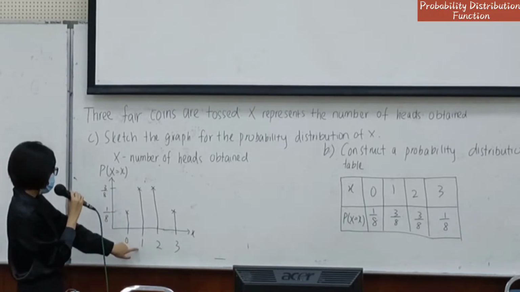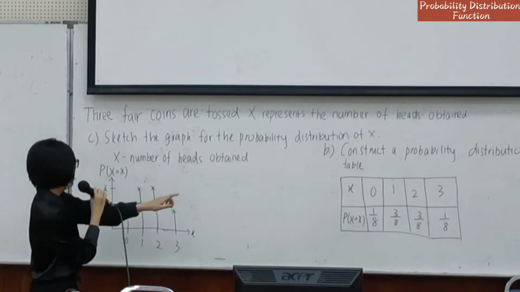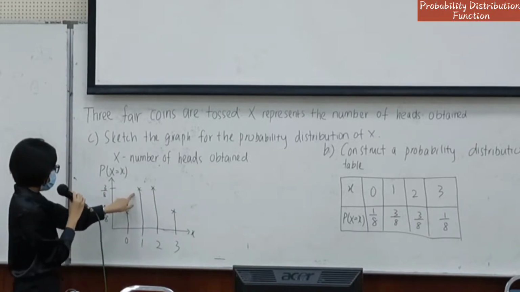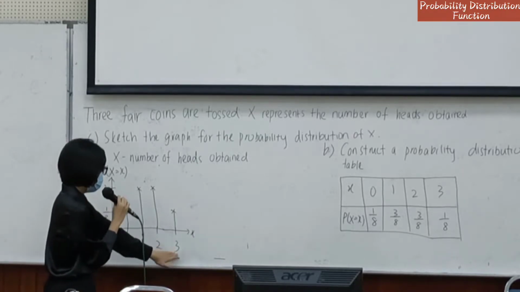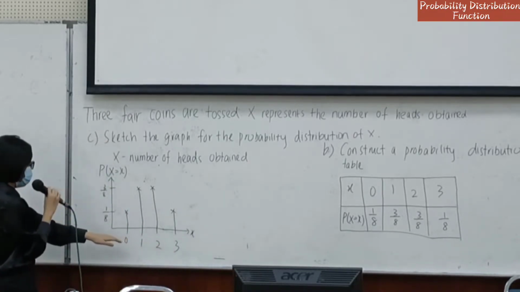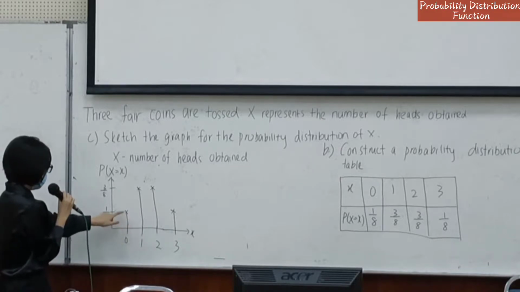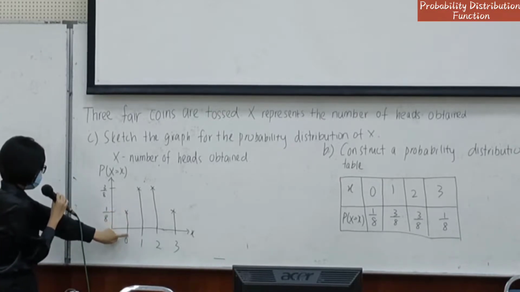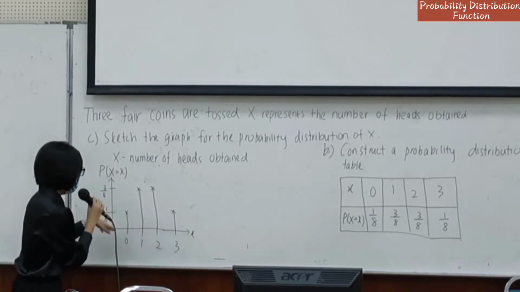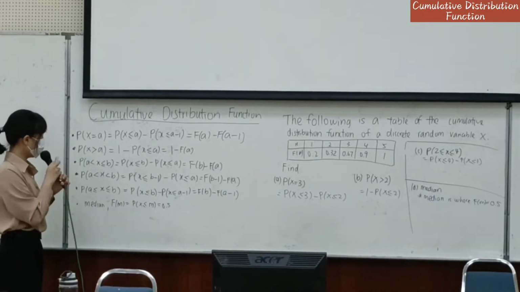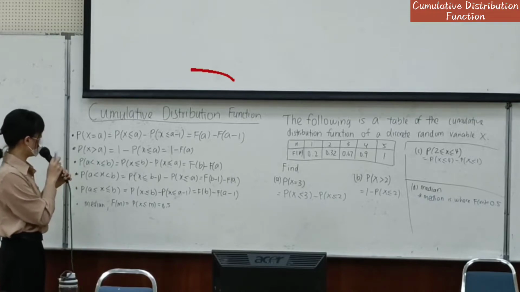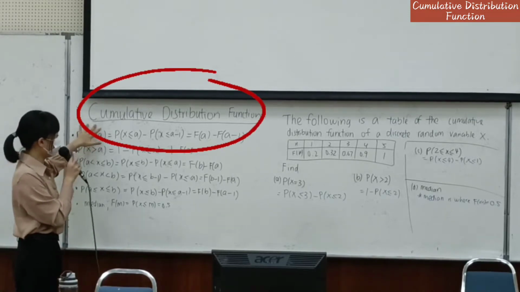For x=1, we have the probability of 3/8. We do the same steps for x=2 and x=3. After that, we connect each point down to the x-axis. And that's all.